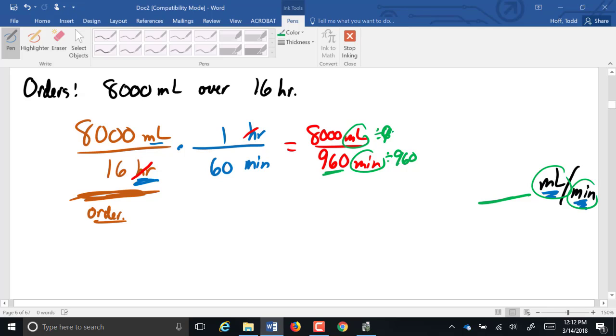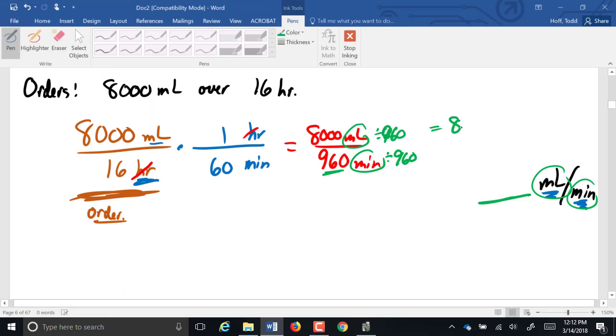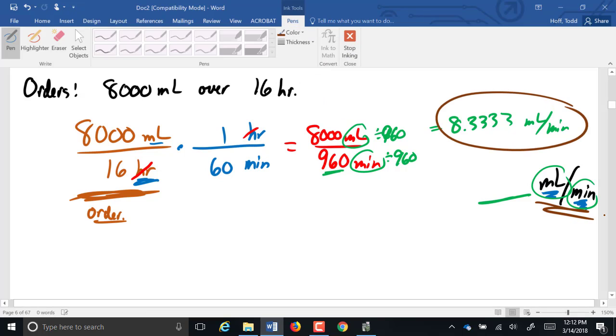So we have 8,000 divided by 960, which gives us 8.333 milliliters per minute. When we are in milliliters per minute, we will round to 2 decimal places.